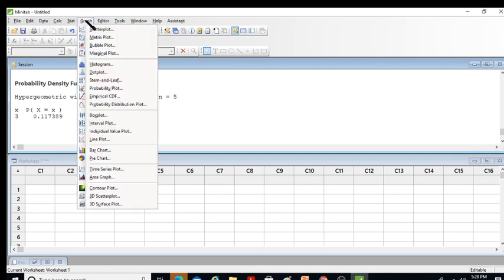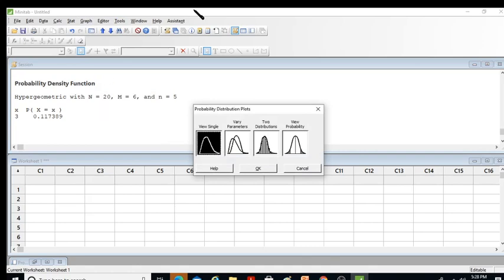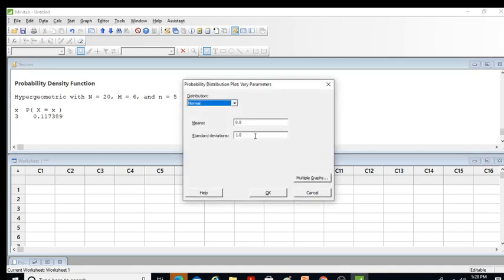It's quite simple. Go to Graph, Probability Distribution Plot, and here you can see varying parameters. Let's say you select a distribution like hypergeometric. Let's take the same population size, event count in the population is 6 red balls, and the sample size is 5.